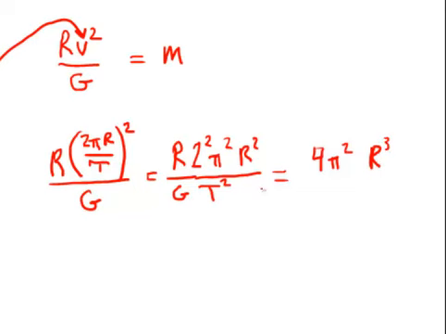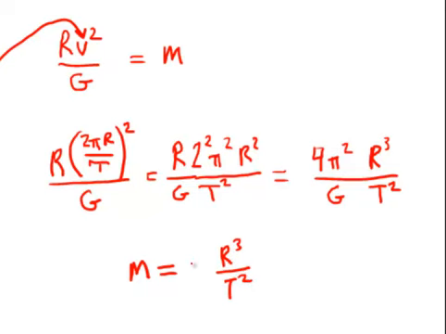And on the bottom, we've got G and T squared. And that is what mass is equal to. And so, as a whole, we have a formula that the mass of the object in the middle, that things are surrounding, is equal to Kepler's ratio, that's r cubed over T squared, times the coefficient of 4 pi squared over G.